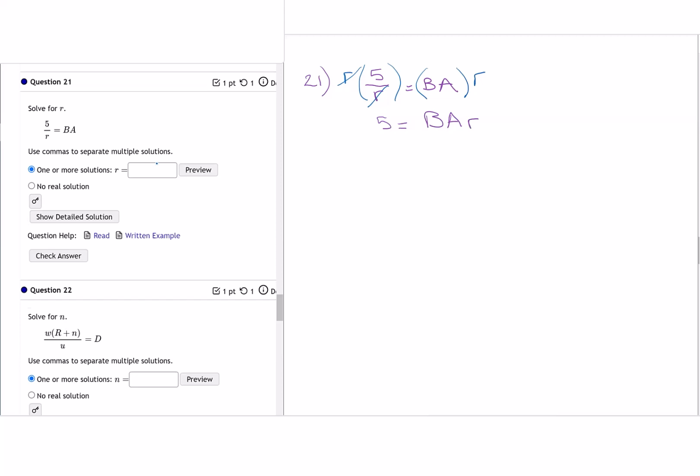Now, I need to remove the BA. Those are all multiplied together. I do the opposite operation, which is division. B cancels with B, A cancels with A. I get 5 over BA is equal to R, or R equals 5 over BA.